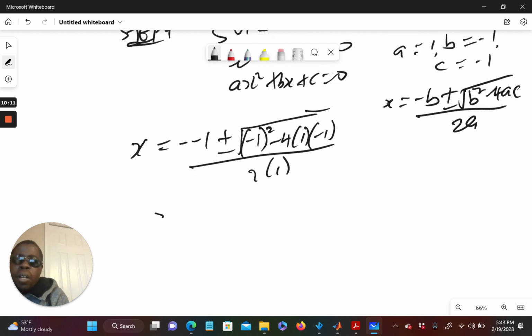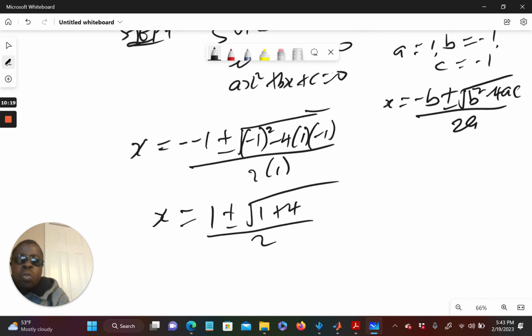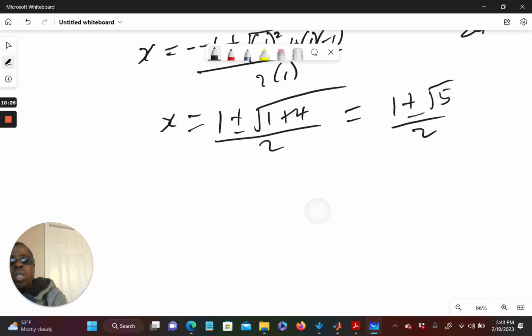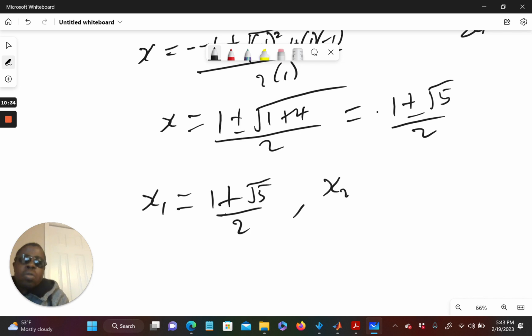And if you do this properly, you're going to have x equals 1 plus or minus the square root of 1 plus 4 all over 2, which is 1 plus or minus square root of 5 over 2. So the two solutions here are x1 equals 1 plus root 5 over 2, and x2 equals 1 minus root 5 over 2.